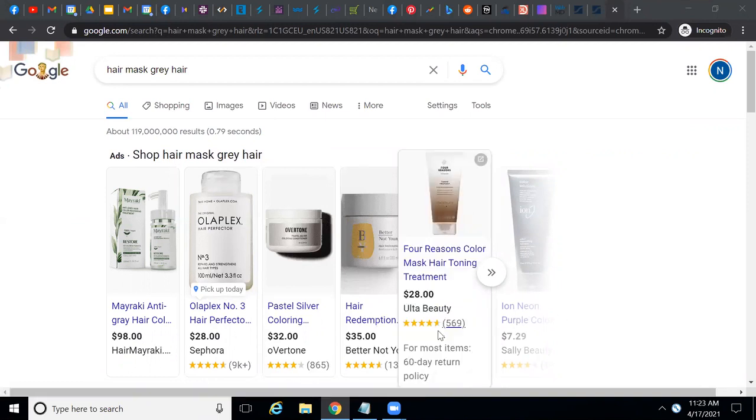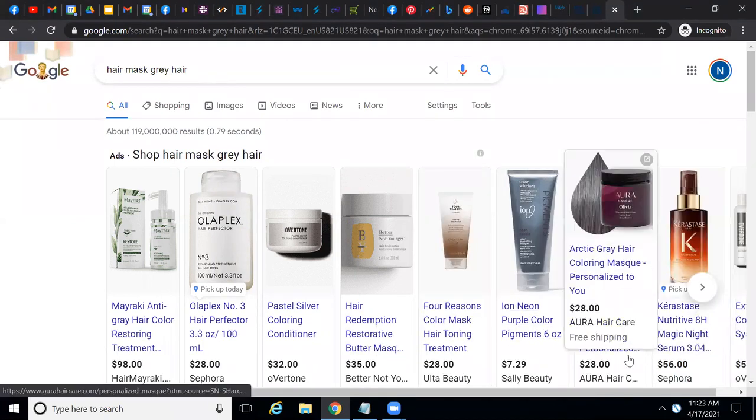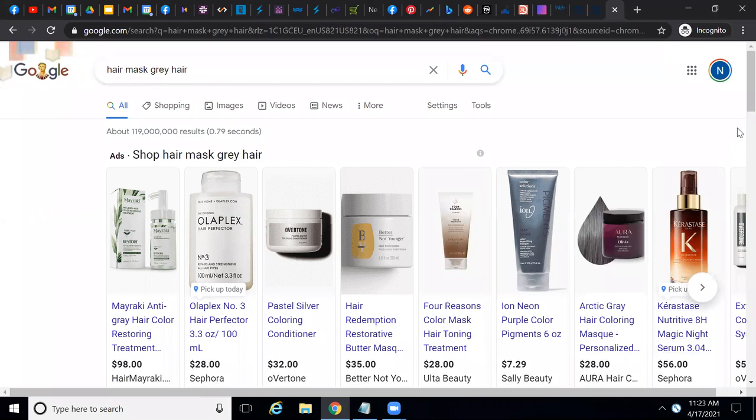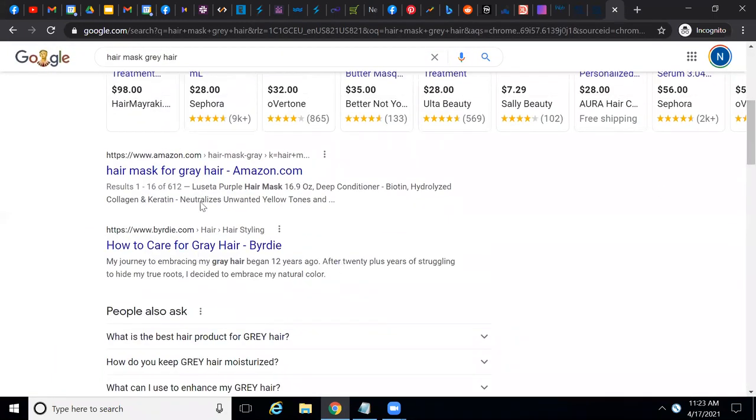I don't immediately see hair mask for gray hair, 4 Seasons hair treatment. I don't immediately see anything. So this one is gray hair coloring mask. It's a coloring mask, but not a hair mask. Okay, very interesting. Hair mask for gray hair. Somebody's selling that. How much competition?